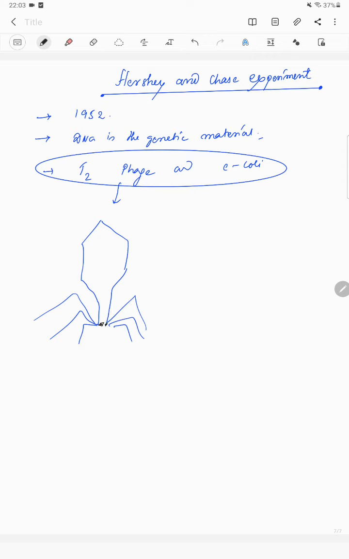We are going to find this pentagonal or hexagonal head. Then there will be the genetic material present, which is nothing but the DNA. There is also the presence of spiral protein, and there is a gap through which the DNA will enter into the cell. Now this is the structure of the bacteriophage.